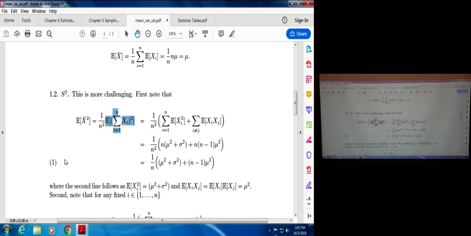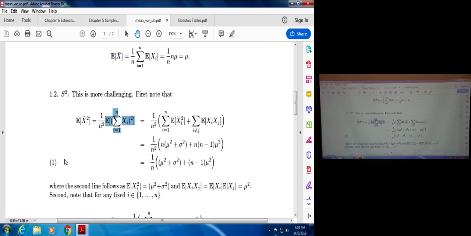So I take any reals xi belonging to R for i in the set 1 to n, and I take the sum from i equals 1 to n of xi and square it. That's equal to the sum from i equals 1 to little n of xi squared plus the double sum over the indices where i is not equal to j of xi xj.